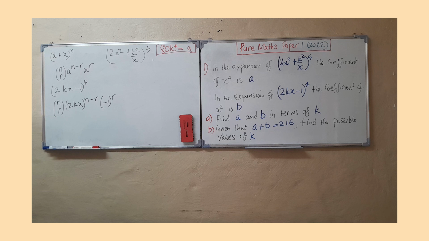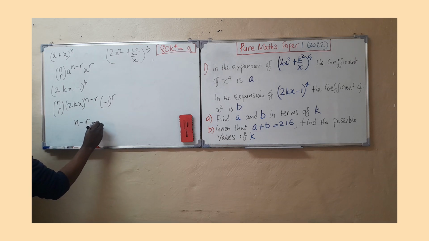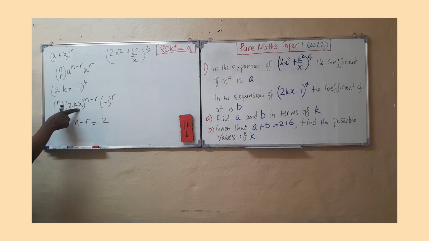So what is r there? Our n is 4. So we need to have n minus r equal to 2. In other words, because this is where our x is, it will appear in this term.